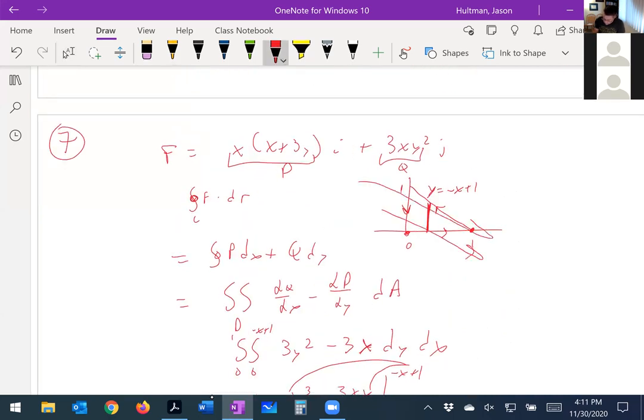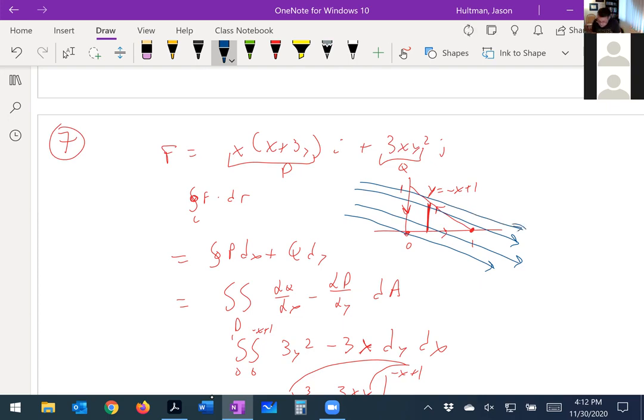Maybe the flow is going like this. Who knows? We don't know what the force field is doing, but maybe there's some sort of force field that is flowing against, right?